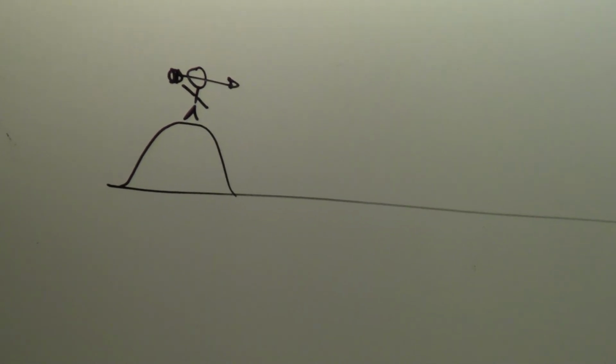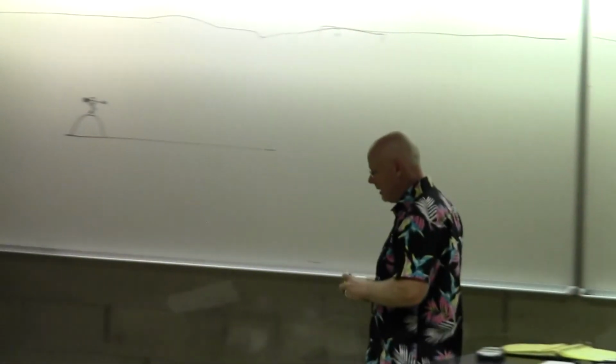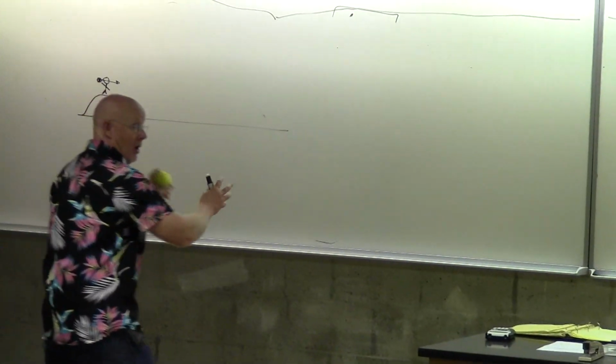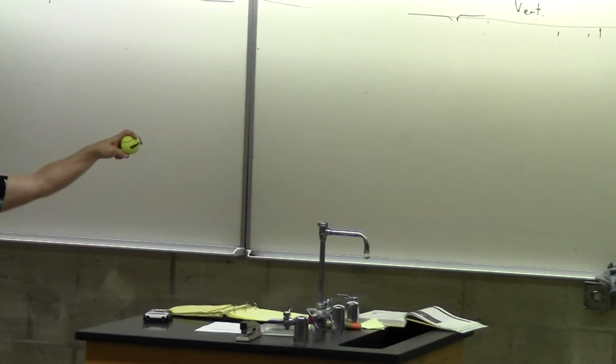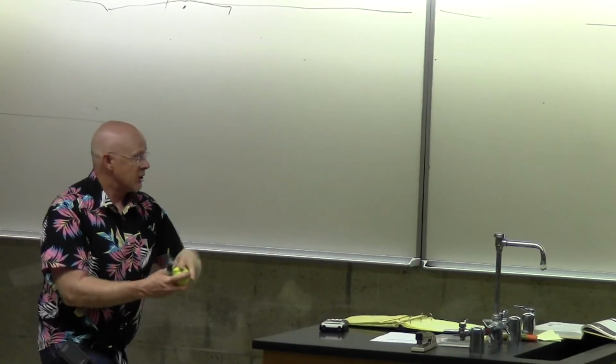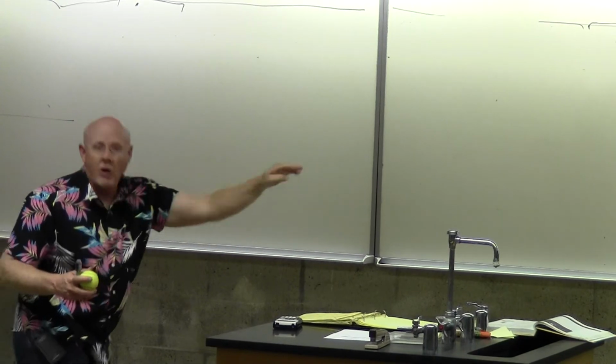It doesn't matter. I'll just call it a tennis ball since that's what I have here. So let me come over here and grab a tennis ball. And so if I come over here and pretend that I'm this person on this mound and say, okay, I'm going to throw horizontally this tennis ball. So there it goes. So I throw the tennis ball. I throw it horizontally.